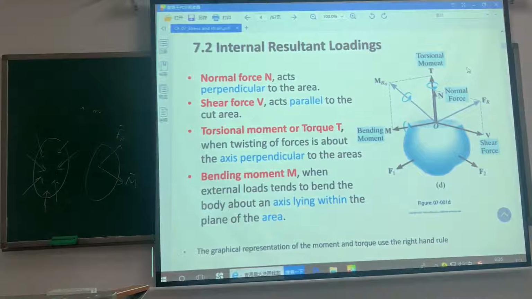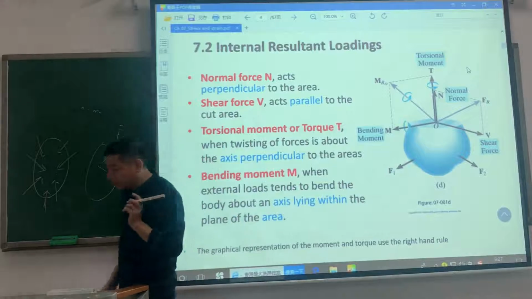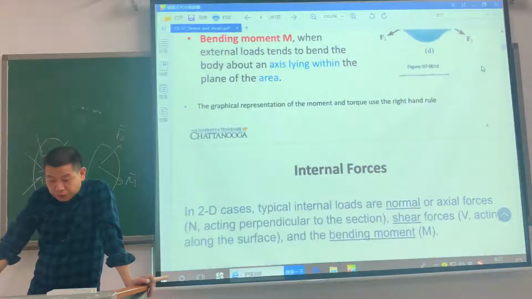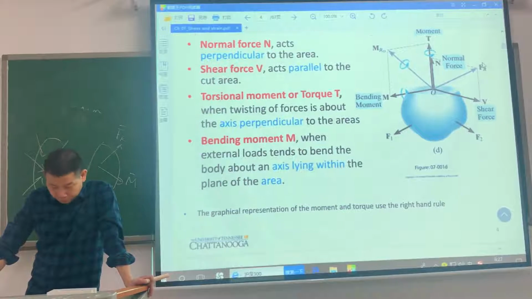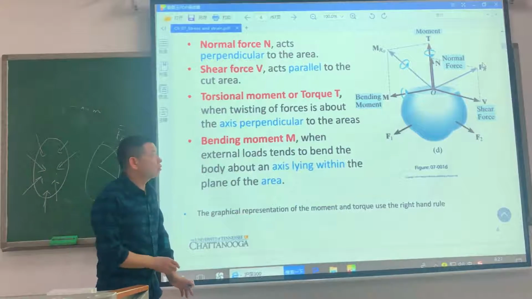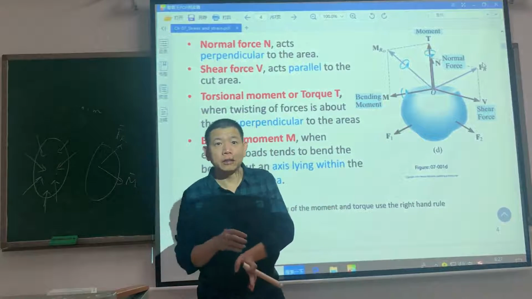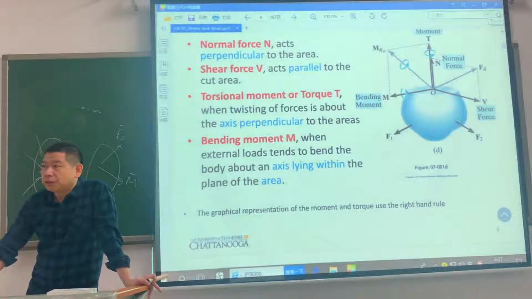The effect of every internal force we have to know. It's a little difficult because it is an arbitrary body. In mechanics of materials, we just focus on rods.